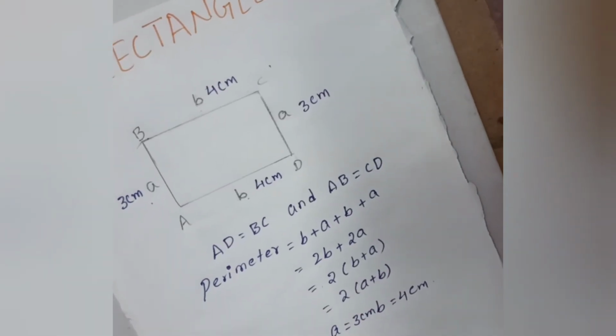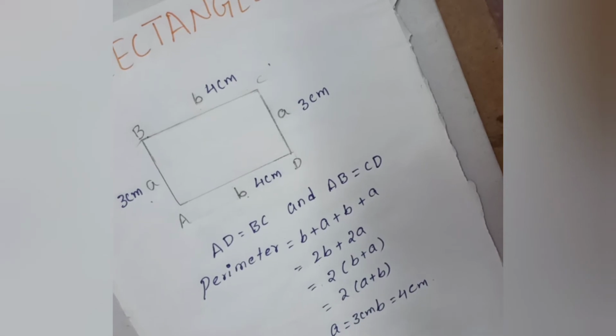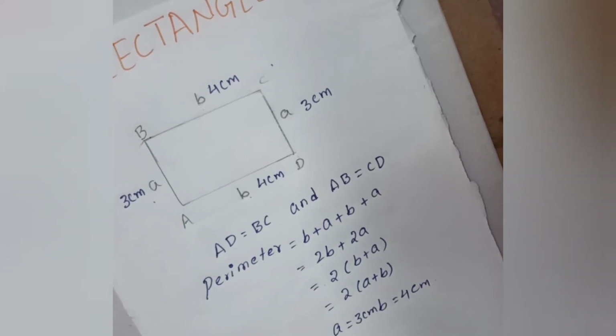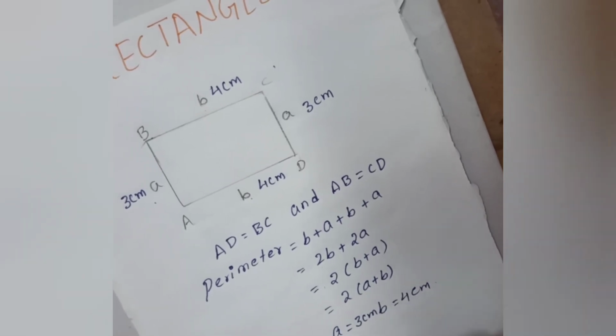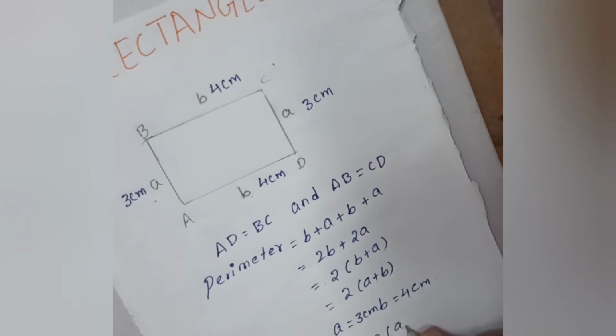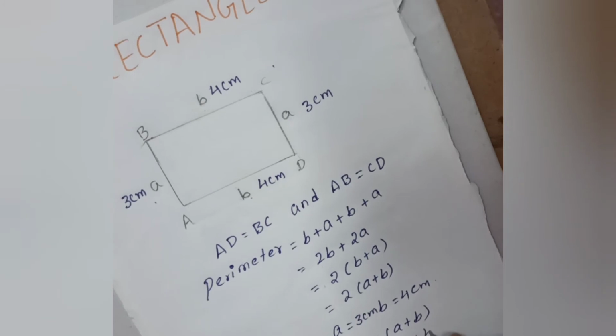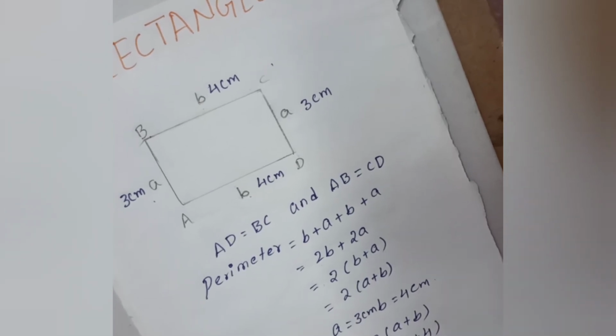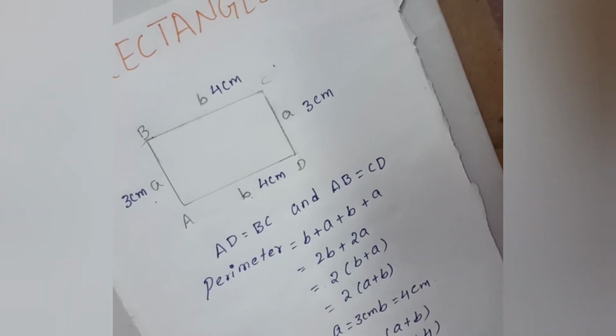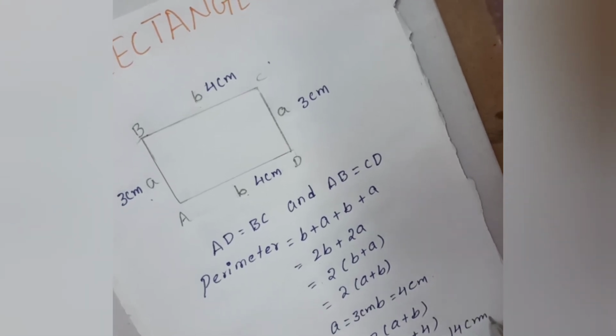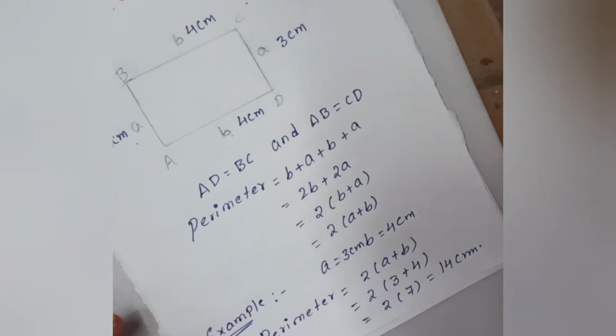So what is the formula here? Perimeter of the rectangle, 2 into A plus B. 2 into 3 plus 4. 2 into 7 is equal to 14 centimeters, which is our answer.